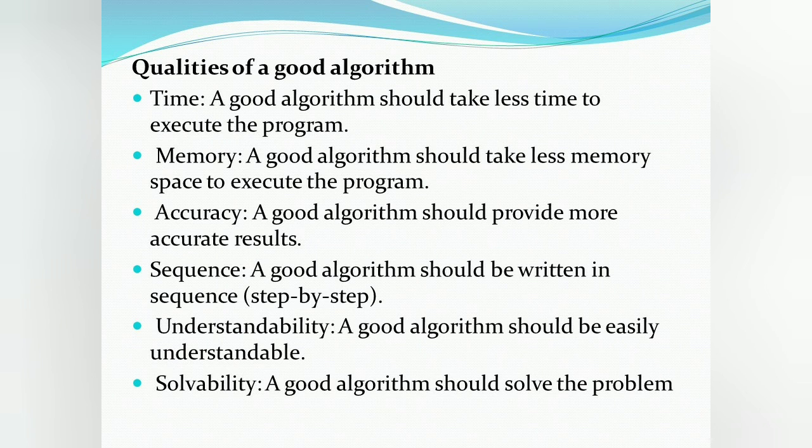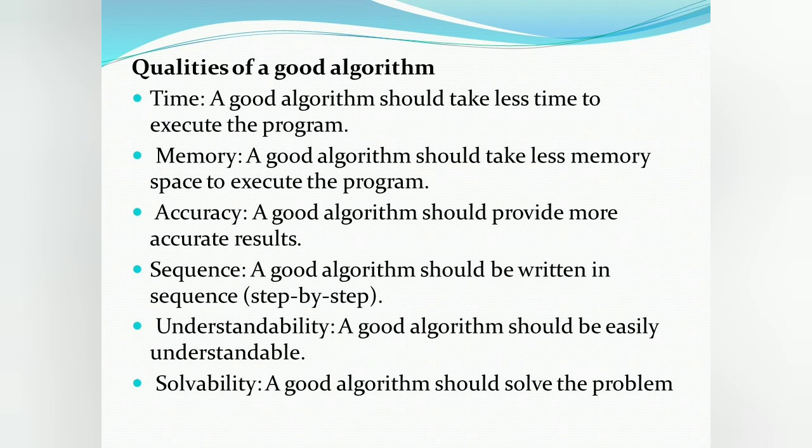These are the qualities of a good algorithm. There are certain factors that are used to judge the quality of an algorithm. The first one is time. To execute a program, the computer system takes some amount of time. The lesser the time required, the better the algorithm. The next factor is memory. To execute a program, the computer system takes some amount of memory storage.